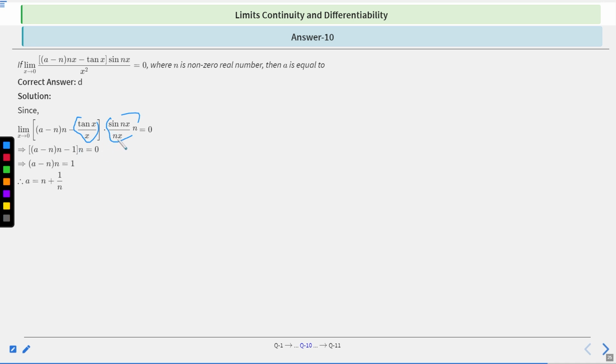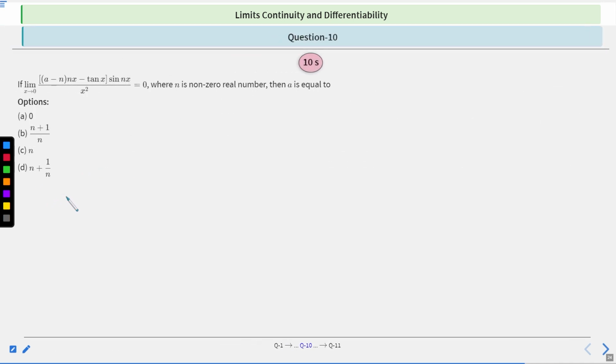Clear? It is nx into n, therefore it will be n. So (a - n)n should be equal to n, right? So a will be equal to (n + 1)/n. Clear? So I think option D is the right choice. (n + 1)/n. Right.